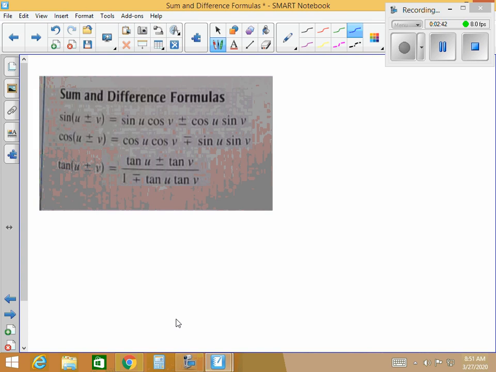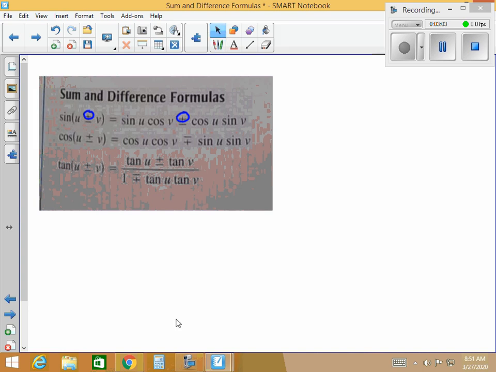When you see a formula like this, there are really six formulas and not three written here. But the author, to save space, is going to write it this way. Please understand that the top symbol here, if I have the sine of u plus v, I'm going to be using the top symbol, meaning the plus sign.